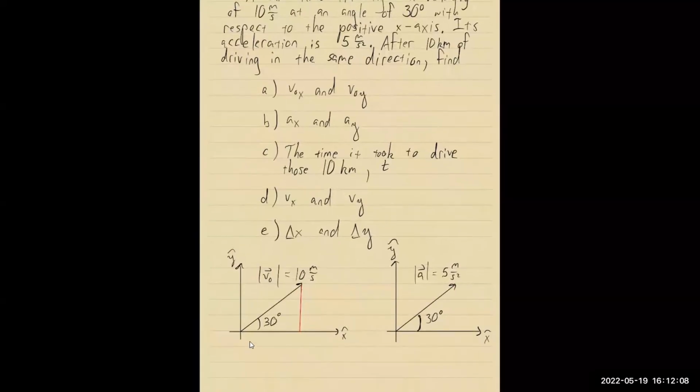And so this part here is the x component for our initial velocity vector. This part here is the y component for our initial velocity vector. If we do the same thing with the acceleration, this part here is the x component for acceleration, and this vertical component here is our y component for our acceleration vector.